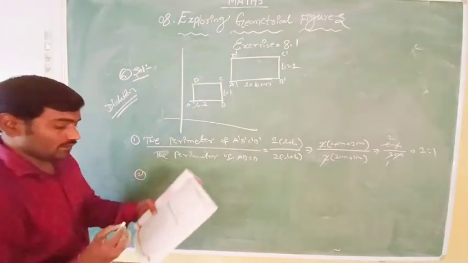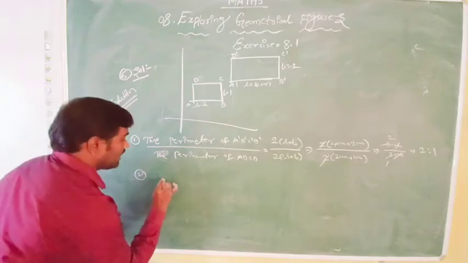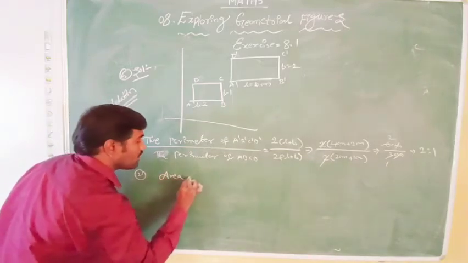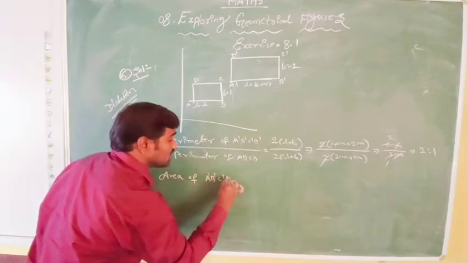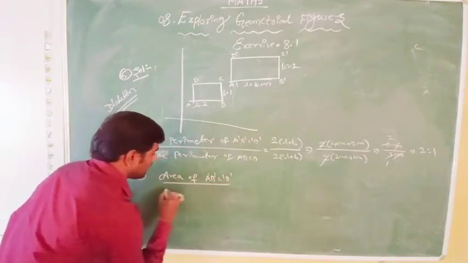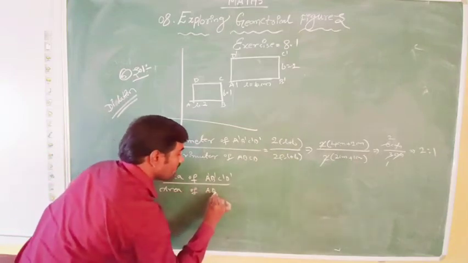Then the areas are also here. Find the perimeter and area. Area of rectangle A dash, B dash, C dash and D dash by area of rectangle ABCD.